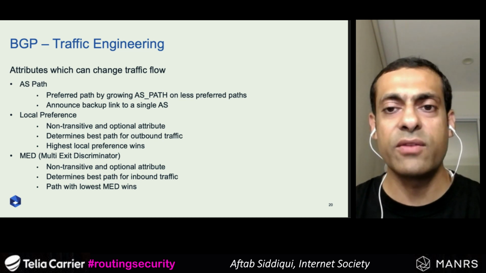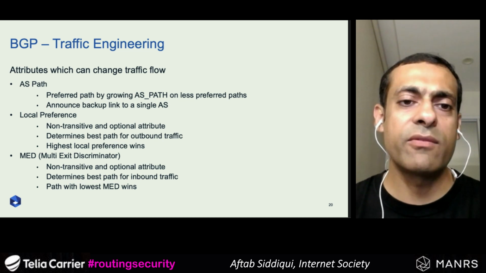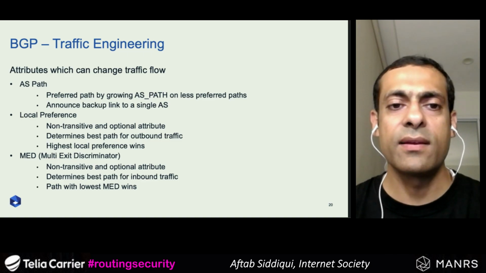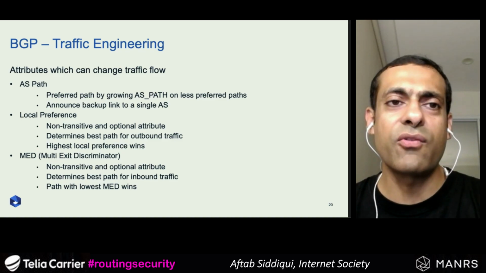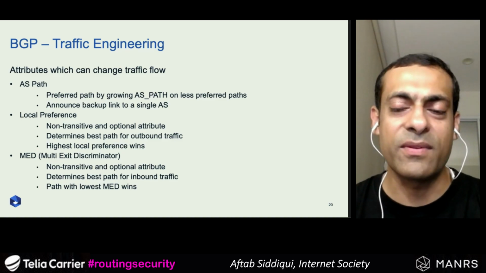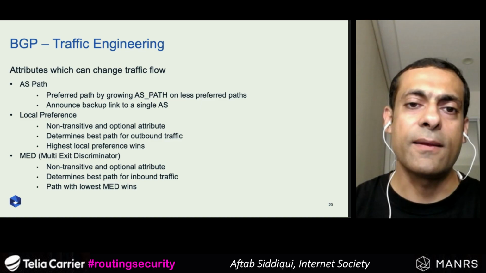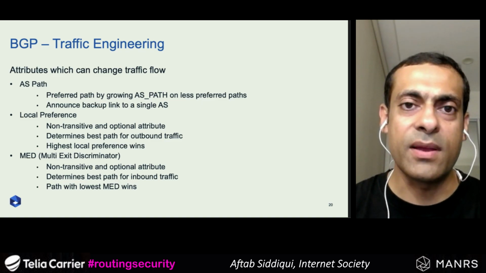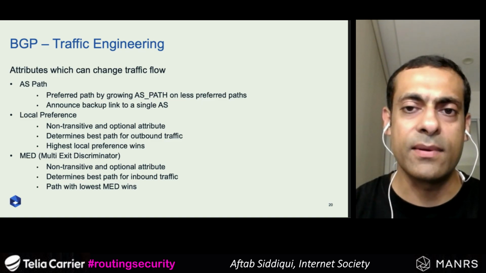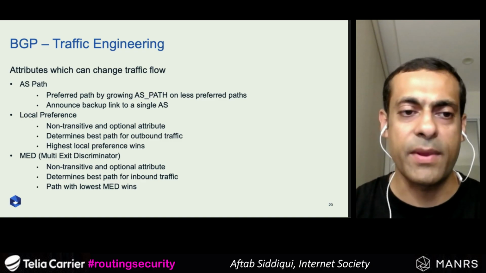It will not guarantee, but it will allow you to try to make that preference for the world, so that where you have done the prepend, people do not take that path and take the other one without prepend.